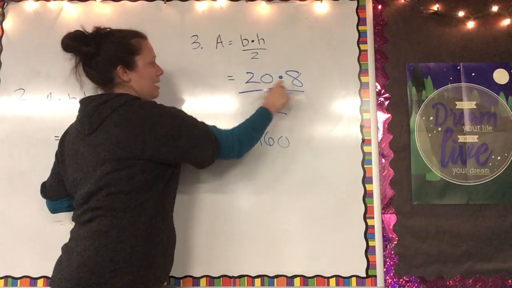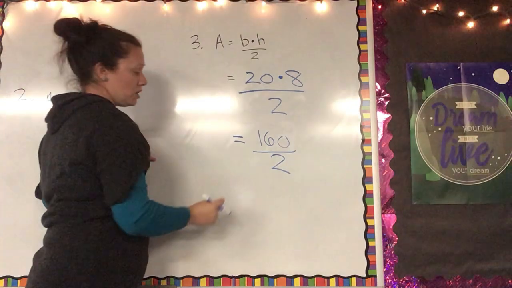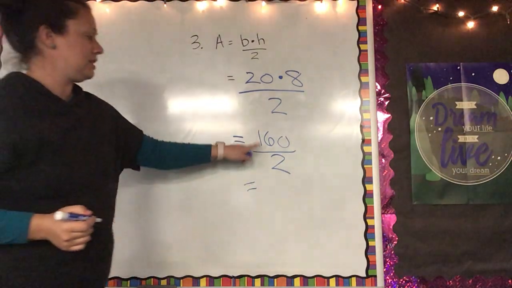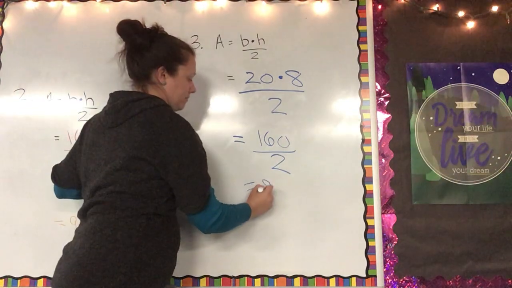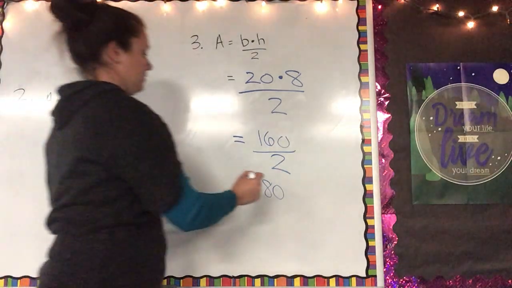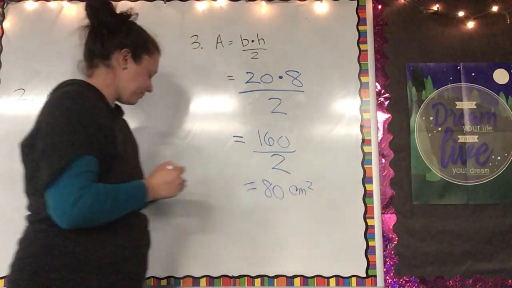I can do 2 times 8, which is 16, and then add my 0. You also could mentally do 160 divided by 2, because what's 16 divided by 2? 8. And then your 0. What's my label for number 3? Centimeters squared. Very nice.